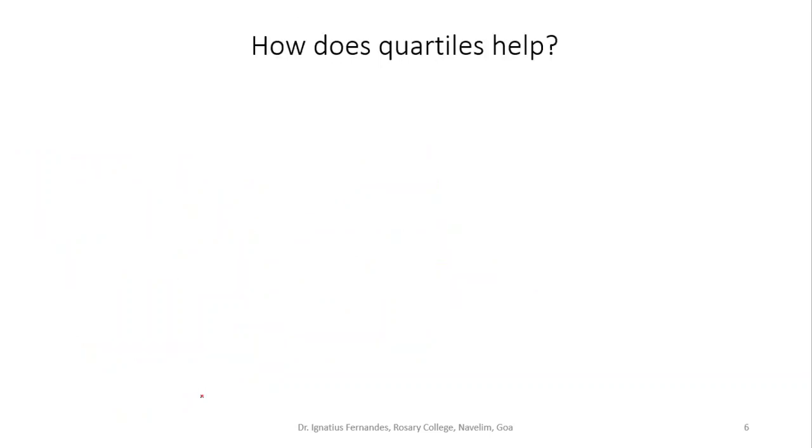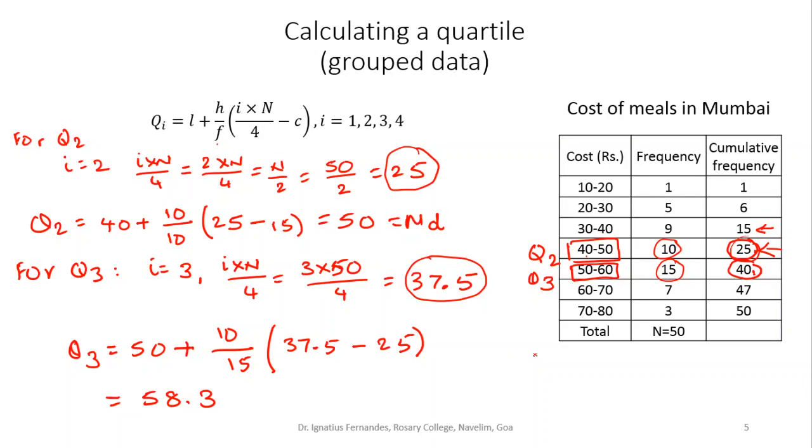So once the quartile values are found, in this case itself you'll get the idea. Q1 was some 37.22, Q2 here is 50, and Q3 here is 58.3.